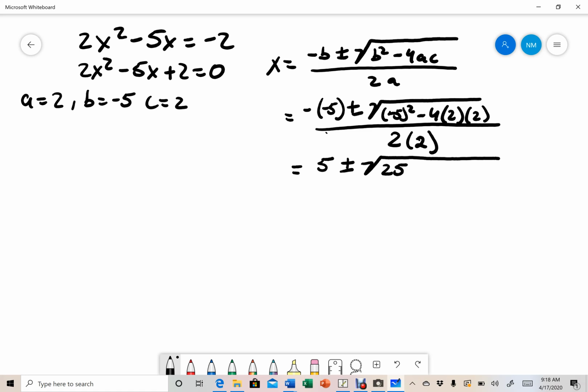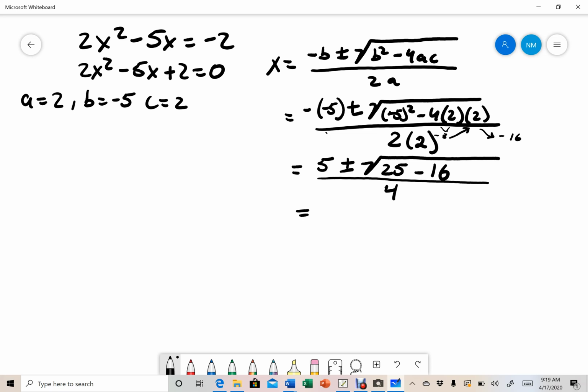And then I've got negative 4 times 2, which is negative 8, and then negative 8 times 2 is negative 16. So I multiply these two to get negative 8, and then multiply negative 8 times 2, which gives me negative 16. So that's where we get that number. That's our numerator. Then we have 2 times 2, which is 4. Now I'm getting more manageable numbers here, so it should be fairly easy from this step.